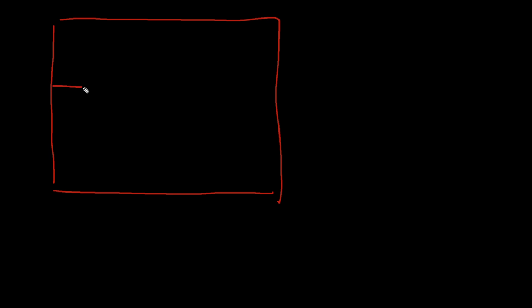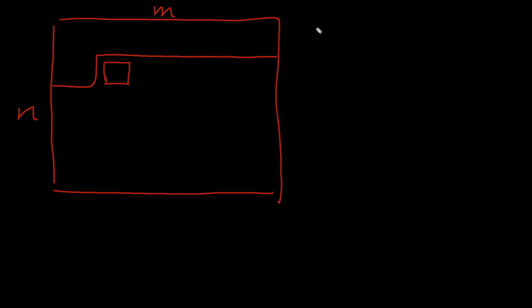Let's say here are all the things we have already placed, and now we're trying to place this one. Let's say this is m, and this is n. It turns out all we need to maintain is the last m cells we have placed so far.